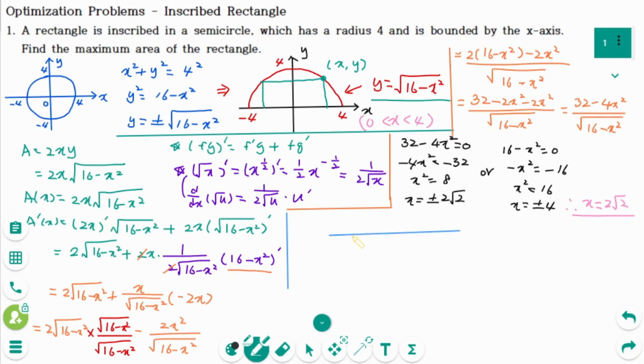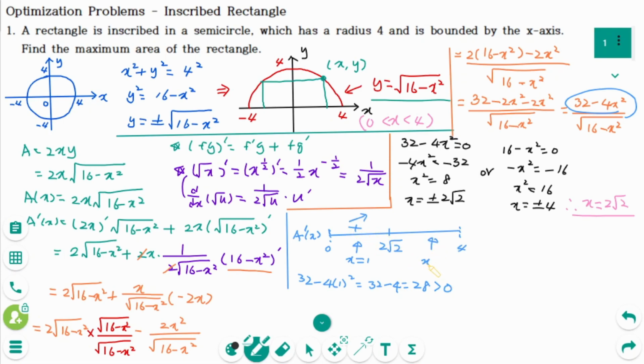The number line is here between 0 and 4. Then for A prime of x, the number 2 square root of 2 is here. The testing number is 1. The denominator is always positive, so we can check the numerator. 32 minus 4 times 1 squared equals 32 minus 4, which is 28, greater than 0.